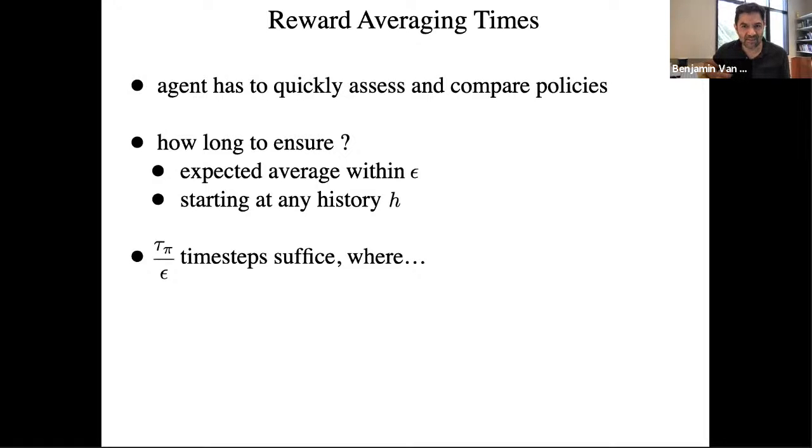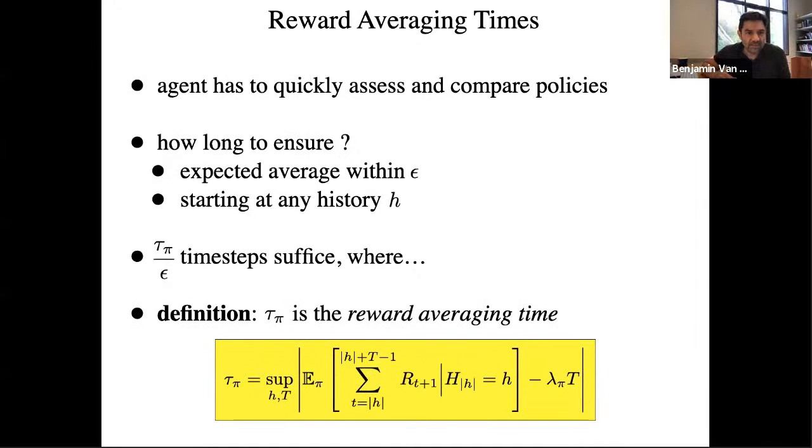I think this is an important concept. Tau pi characterizes how long it takes to compute an average in this setup. And we'll call tau pi the reward averaging time of policy pi.